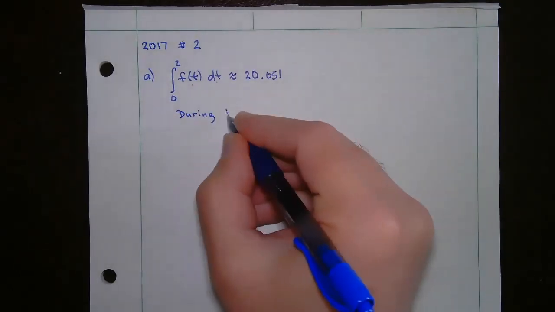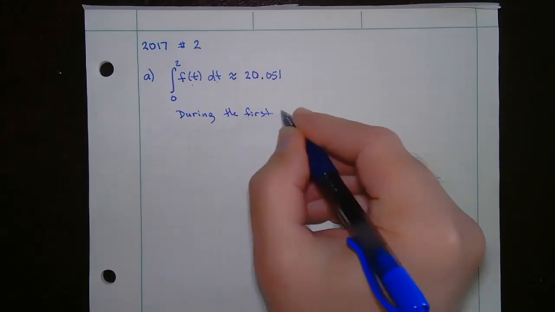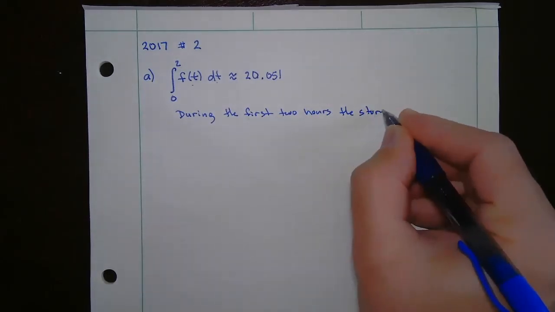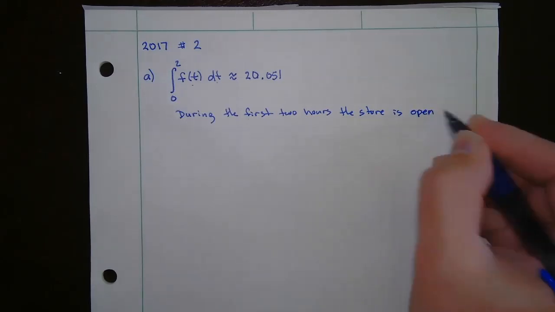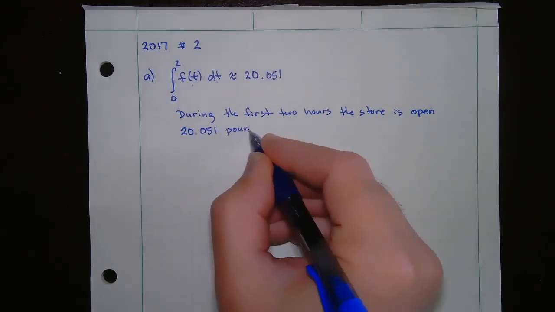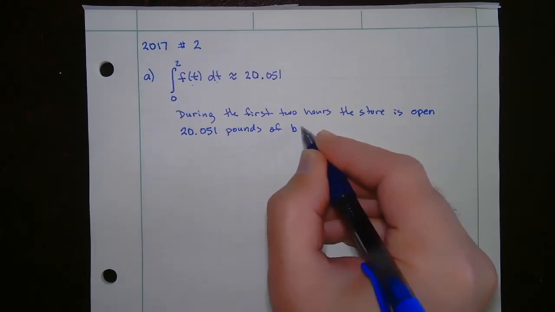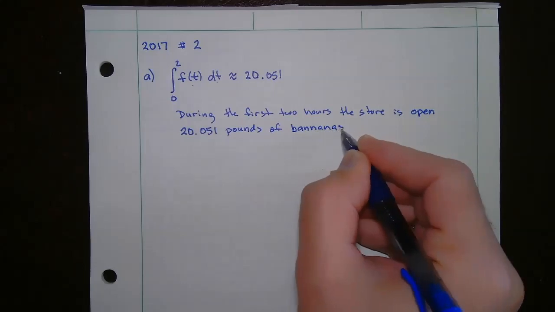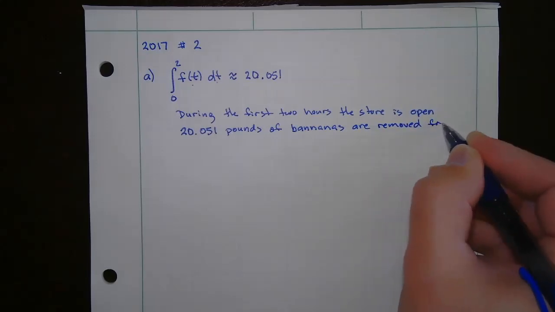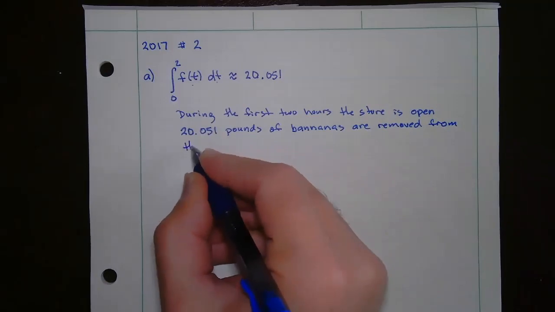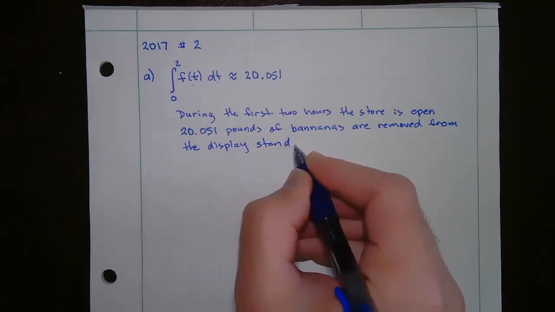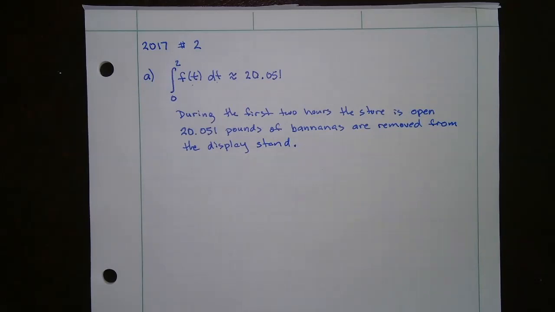During the first 2 hours the store is open, 20.051 pounds of bananas are removed from the display stand. And that's the answer to the first question.